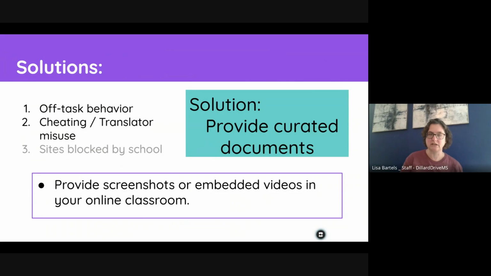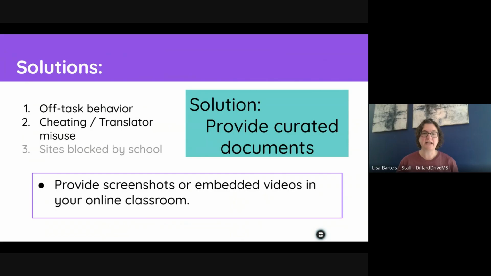The kids are always going to be tempted by that siren song of Google Translate. So it's part of our job to work with students, just like we're working with them to use social media appropriately and positively. We need to work with them to use these other tech tools appropriately and positively. And so these are a few solutions, but they're only partial solutions. And this is something we always have to be alert to.